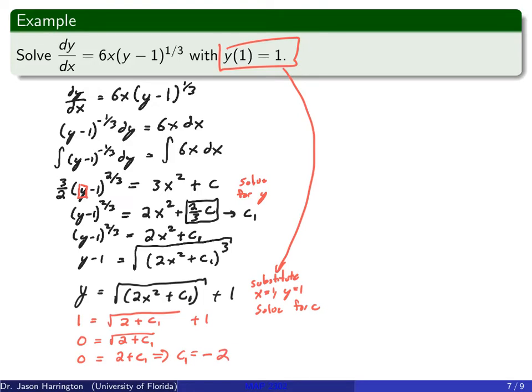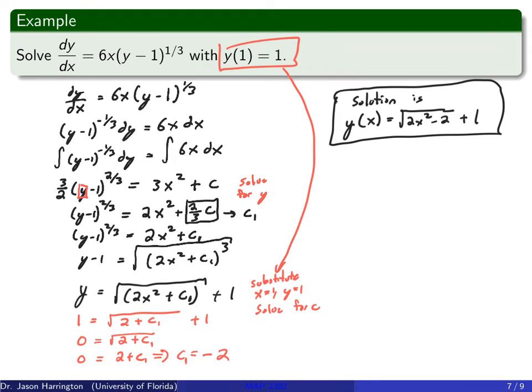Now, that means that our solution is going to be y of x is equal to the square root of 2x squared minus 2 plus 1. So that's our solution.